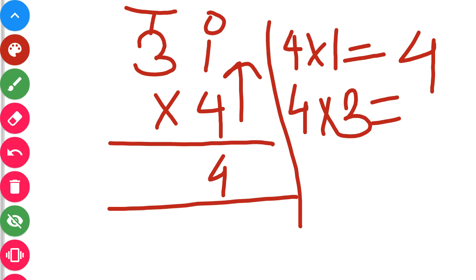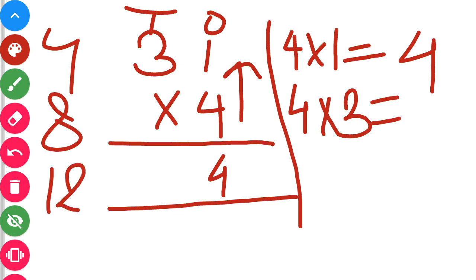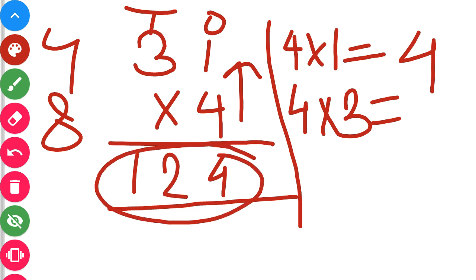Now 4 का टेबल 3 टाइम्स काउंट करो. 4 1s जा 4. 4 2s जा 8. 4 3s जा 12. Okay. So 4 3s जा we have got 12. So our answer is 124. Got it? इतना समझ में आ गया सारे बच्चों को?